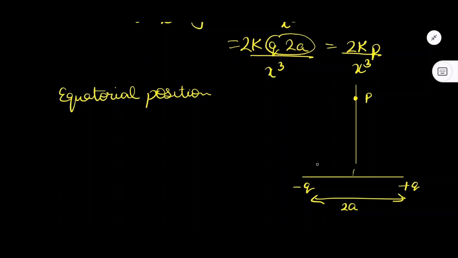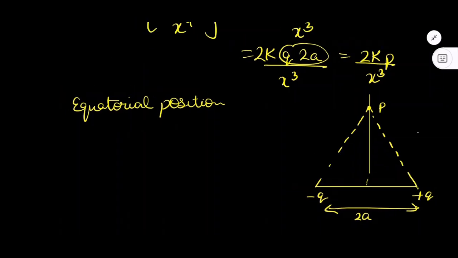Now we have to find the electric field at this point, so we can join these two points. The electric field due to the minus q charge will be in this direction, towards the minus q, and for the plus q it will be in the outward direction, away from it.